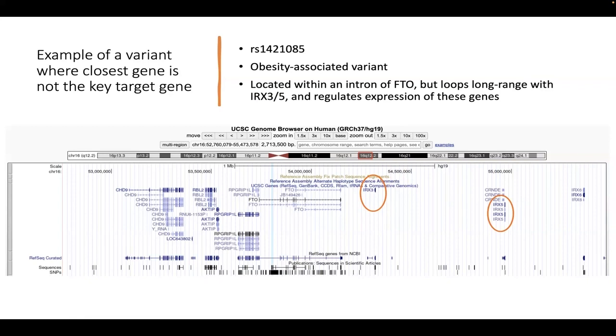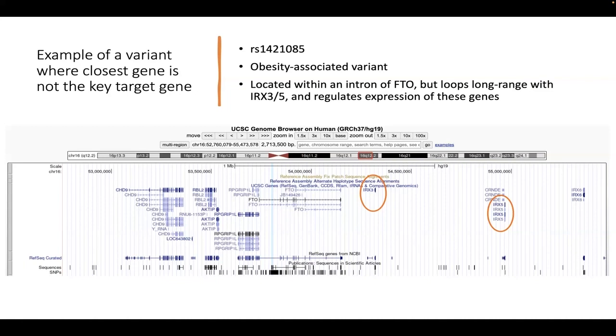These genes are more than a megabase away, or at least IRX5 is. And so the closest gene here is almost completely useless. The closest gene is not helpful here. Here we really need to know the three-dimensional genomic context, right?